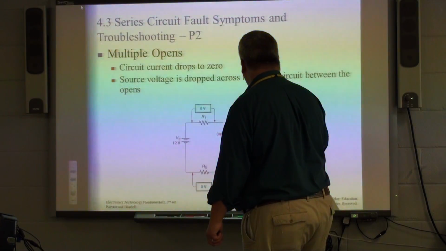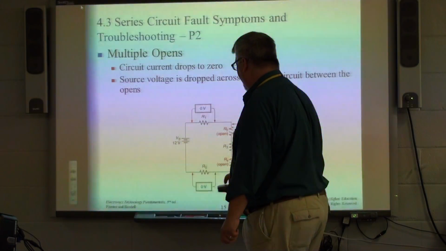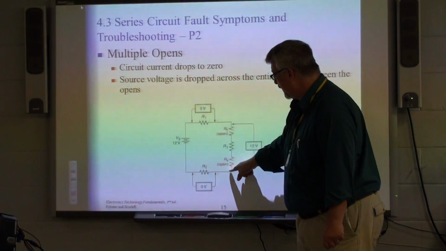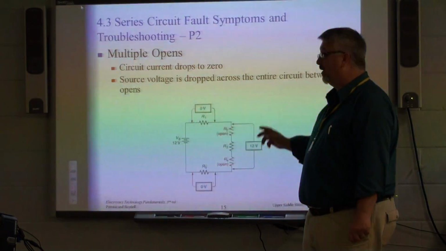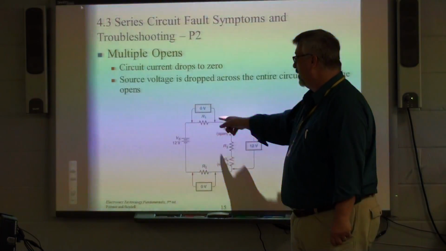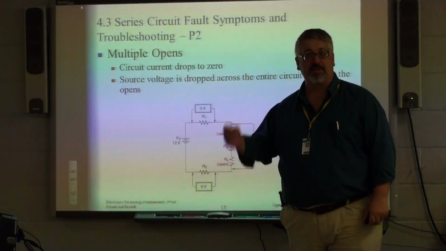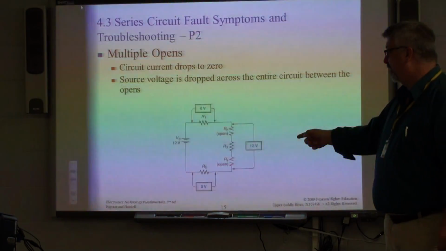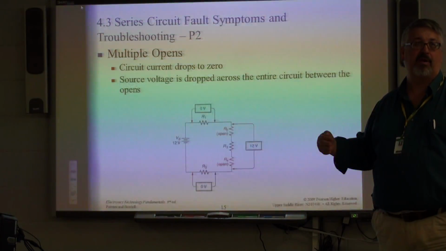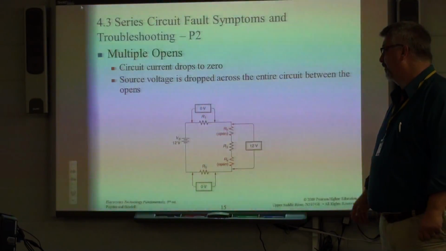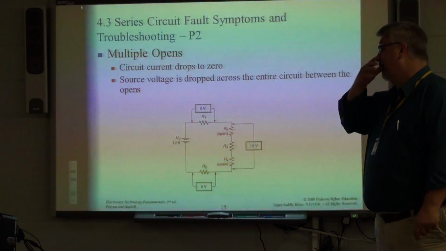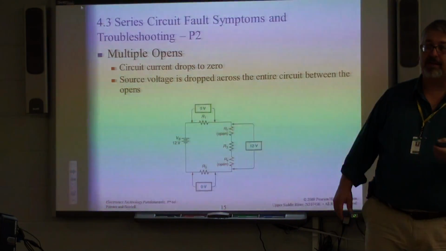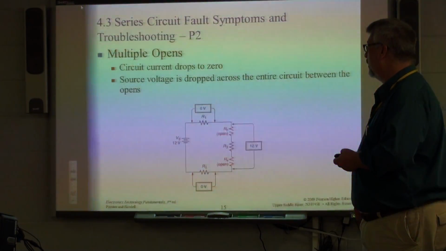But if I go to either side of my open here, R2 takes me back here, R4 takes me back here, and I would read source voltage. But across R1, there's no current flow, no voltage drop. Across R5, there's no current flow, no voltage drop. So I'm going to read source voltage if I happen to read there. You're going to get played with some of this. Don't worry.